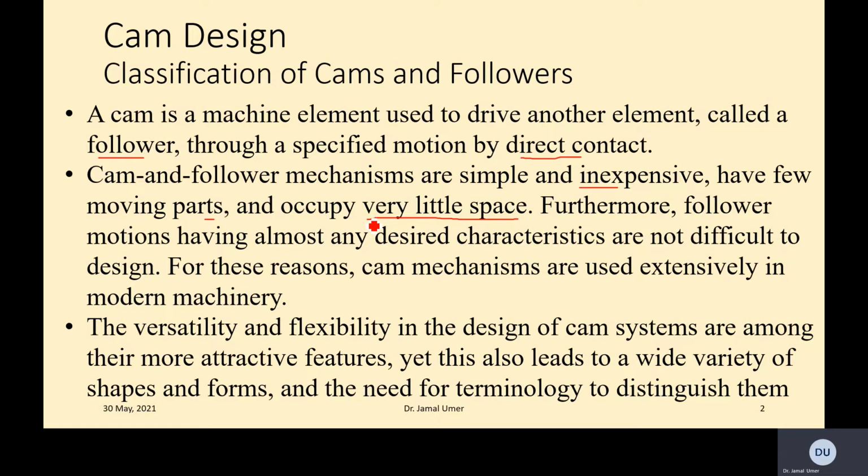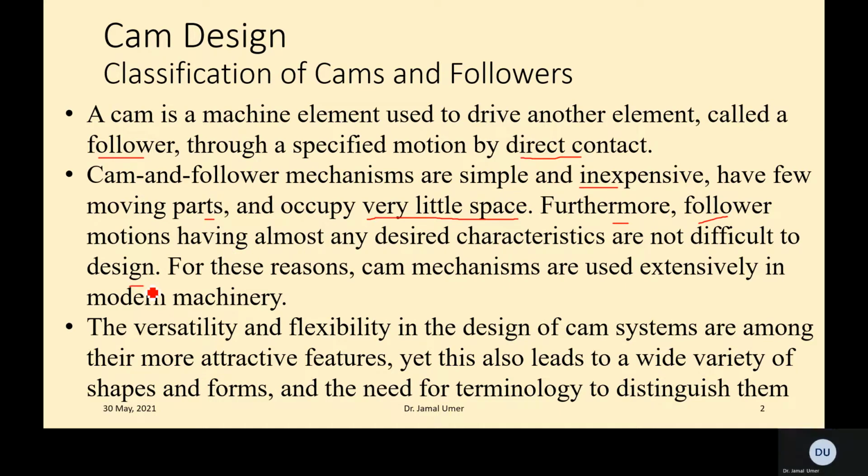So with this in mind, I'm not going to spend a lot of time on the basics, but I have a few slides on just an introduction to CAM design. Furthermore, follower motions having almost any desired characteristics are not difficult to design.